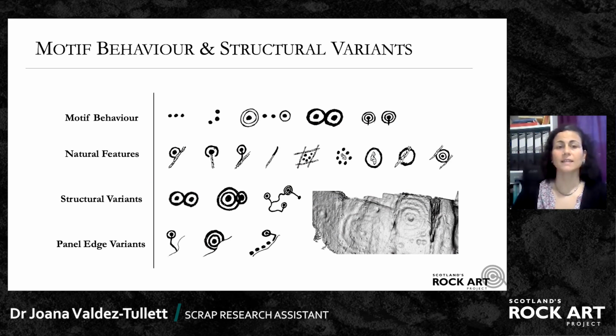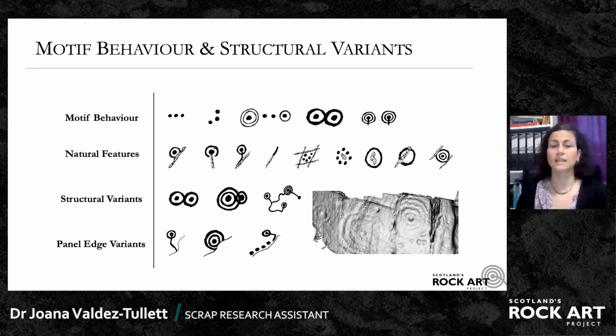So finally, at a medium scale, we will now move to the motif behavior and the structural variants. And this category explores the relationship between the motifs themselves, either by them being carved with a linearity tendency on the rock surface, or a circular tendency to place the motifs, convergence of motifs, or superimpositions.